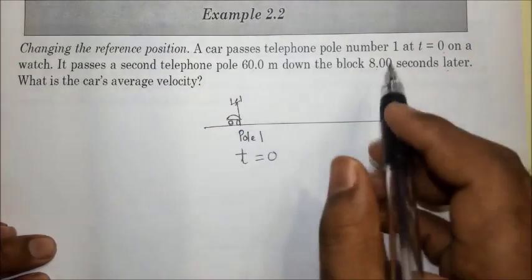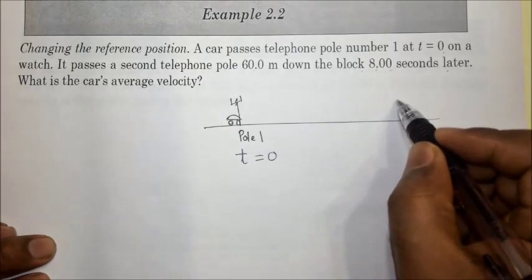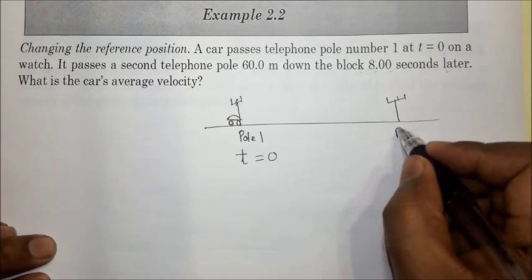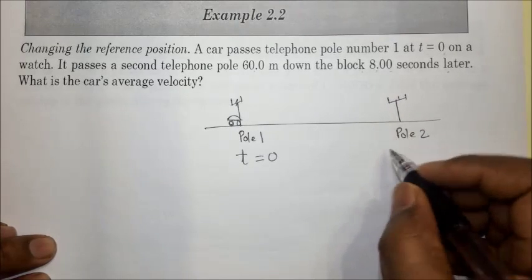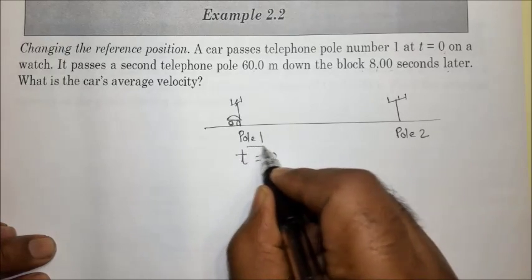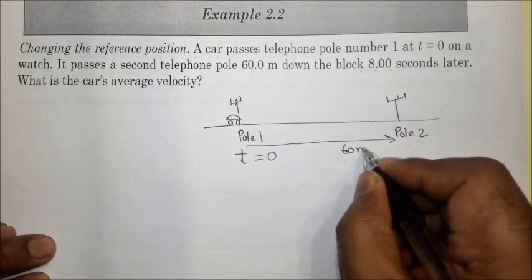And when the car reaches pole number 2, this pole 2 is 60 meter from this pole. Okay, this is 60 meter.